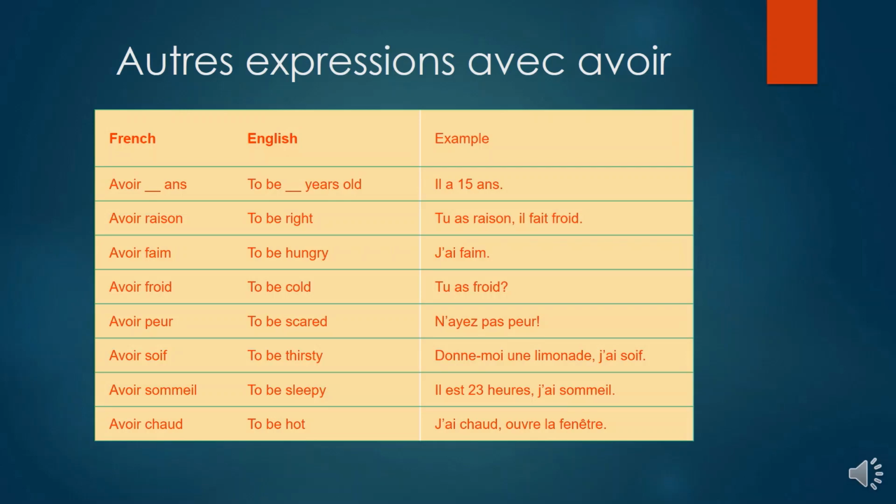Donne-moi une limonade, j'ai soif. Give me a lemonade, I'm thirsty. Il est 23 heures, j'ai sommeil. It's 11 o'clock at night. I'm sleepy. J'ai chaud. Ouvre la fenêtre. I'm hot.